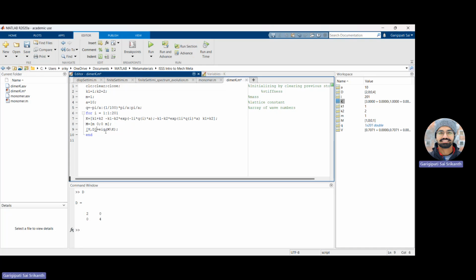What we can do is we can let them be like that. Then E is equal to diag. Okay, what does that give us?